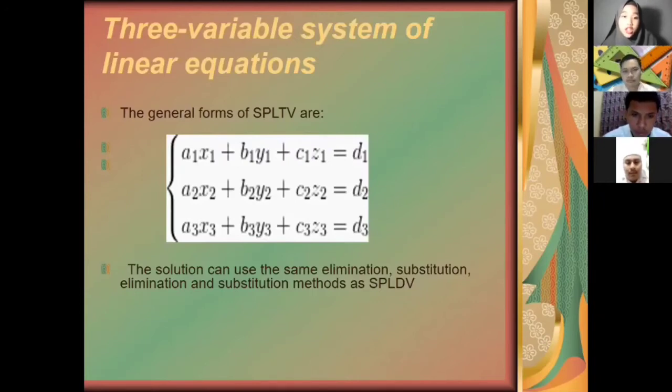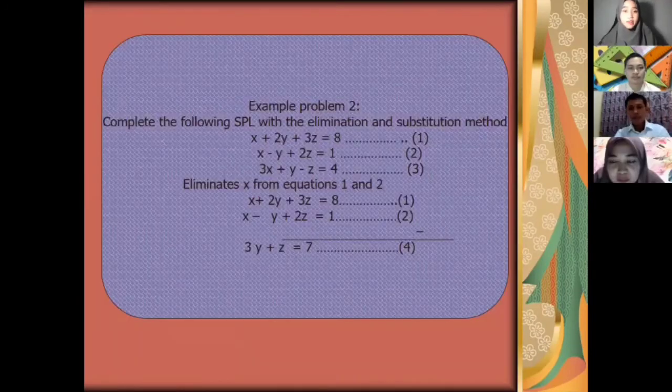The solution can use the same elimination, substitution, and combination of elimination and substitution methods as a two-variable system of linear equations.